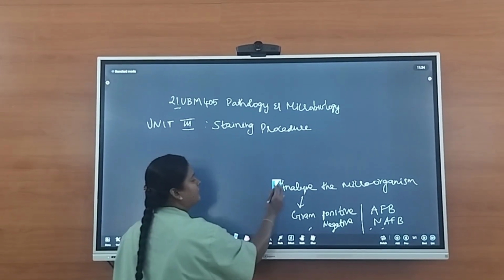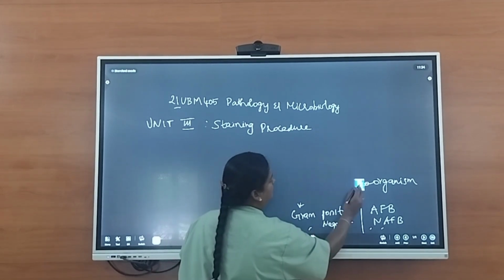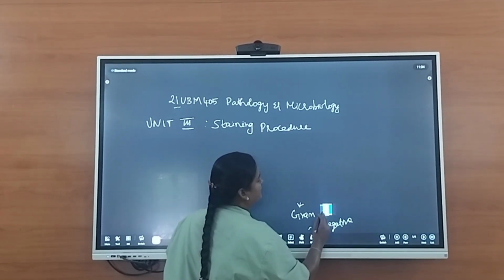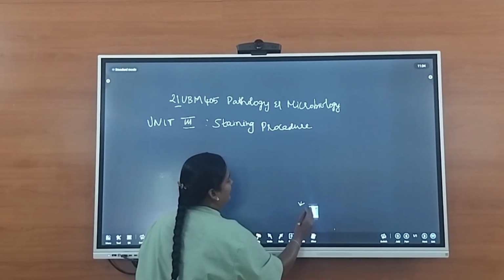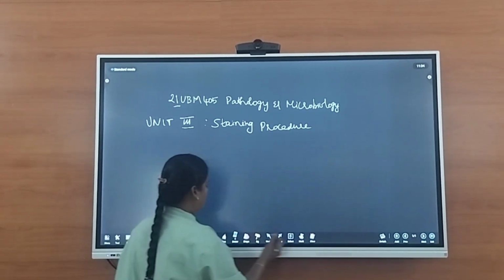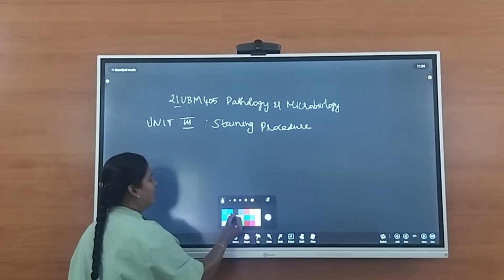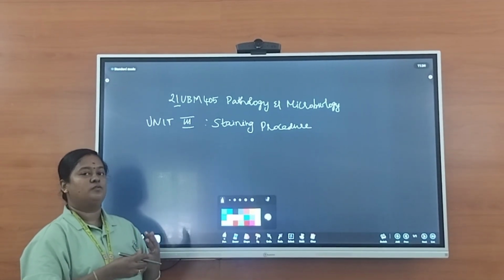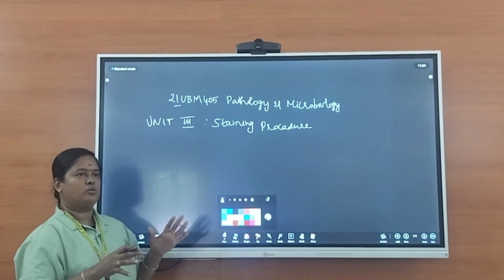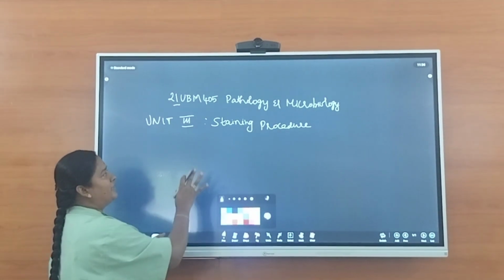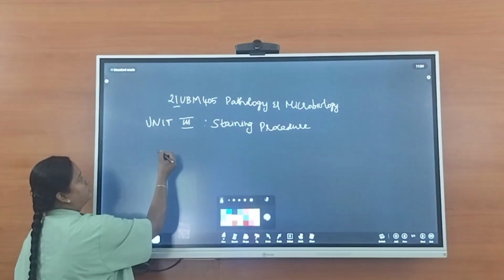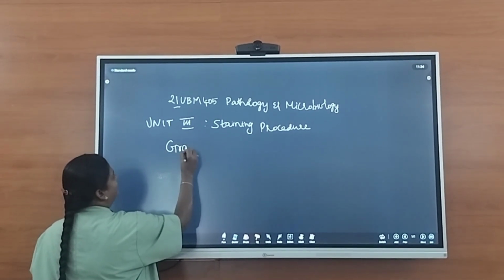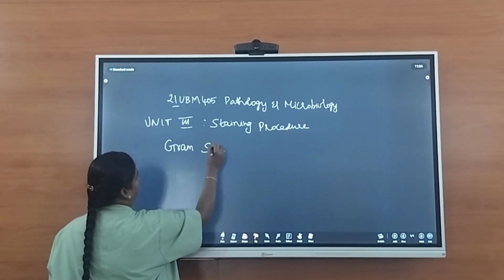When we identify gram positive or gram negative bacteria, it in turn tells us whether it is disease causing or non-causing, so we can apply this for disease identification and also vaccine preparation. Those are the applications useful when doing the staining procedure. So today we are going to talk about one staining procedure called gram staining.